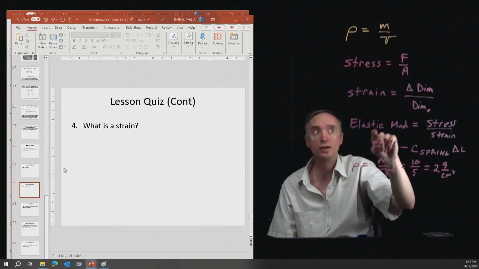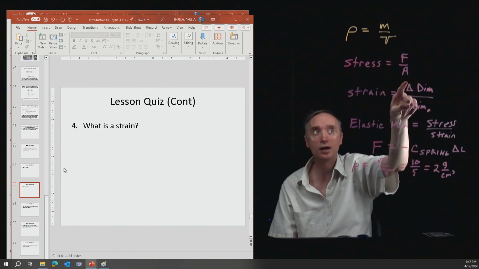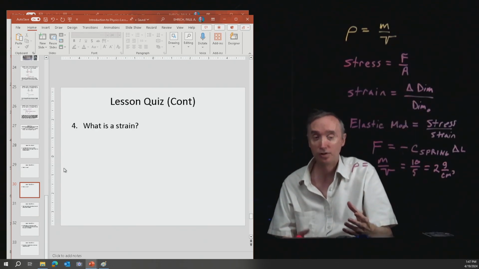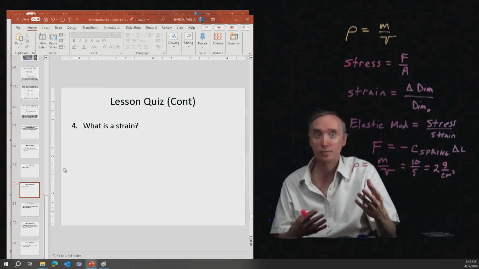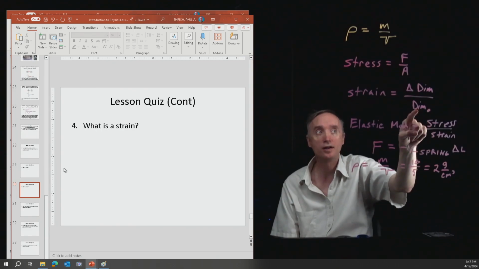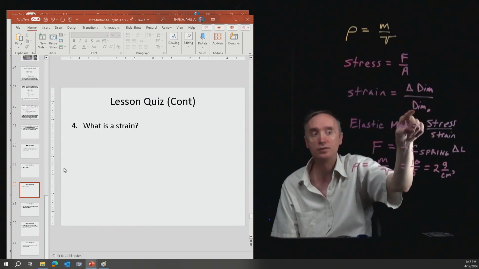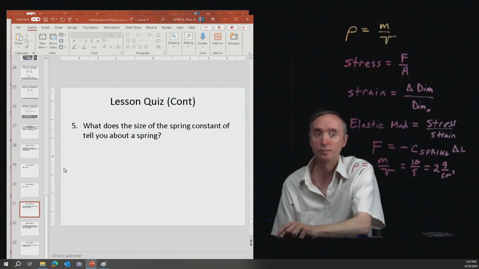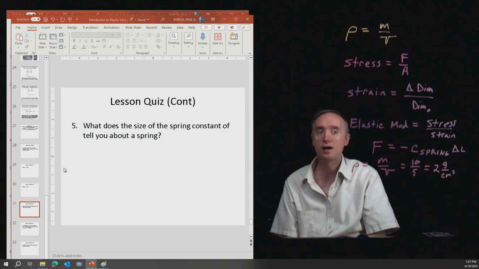So it's going to be the change in some kind of dimension, could be the length, could be the area, but it's something having to do with the change in some dimension divided by whatever the original dimension was of the object.